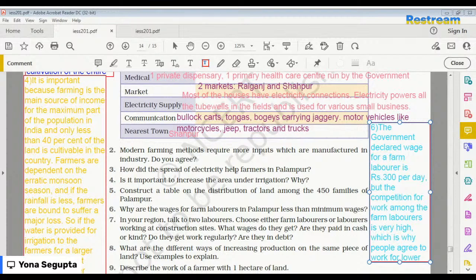And the best example of this is the cultivation in Palampur. In Palampur, jowar and bajra grow during the rainy season, followed by potato between October and December. And during the winter season, wheat is sown in the field. The main reason for this is the well developed system of irrigation.